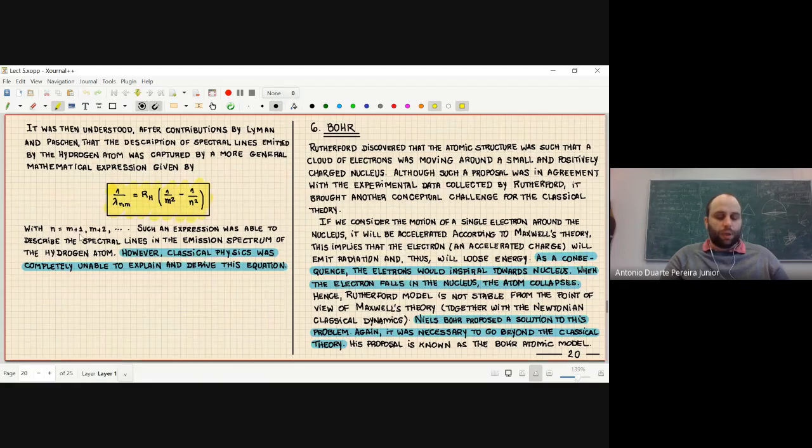So m plus 1, m plus 2, and so on. So this will give you the missing spectral lines in the absorption spectrum of hydrogen.